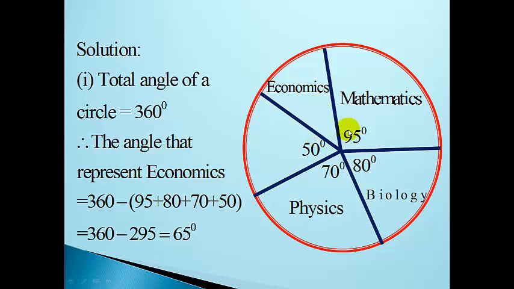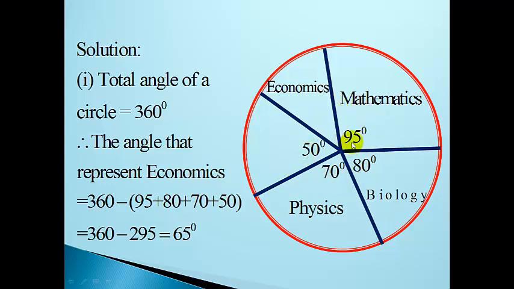We are given 4 other angles, so when we add 95, 80, 70 and 50 degrees and subtract the sum from the total angle of a circle, that will give us the angle for economics, because the total is equal to 360.